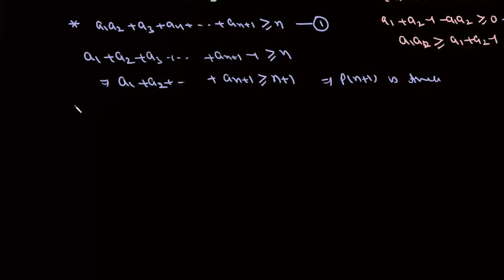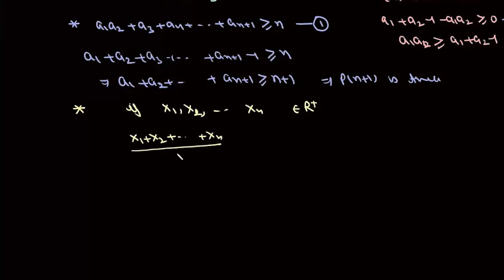Now using this lemma, we'll prove our theorem, which is if x1, x2, xn are positive real numbers, then x1 plus x2 plus xn whole divided by n will be greater than or equal to x1, x2, xn to the power 1 by n.